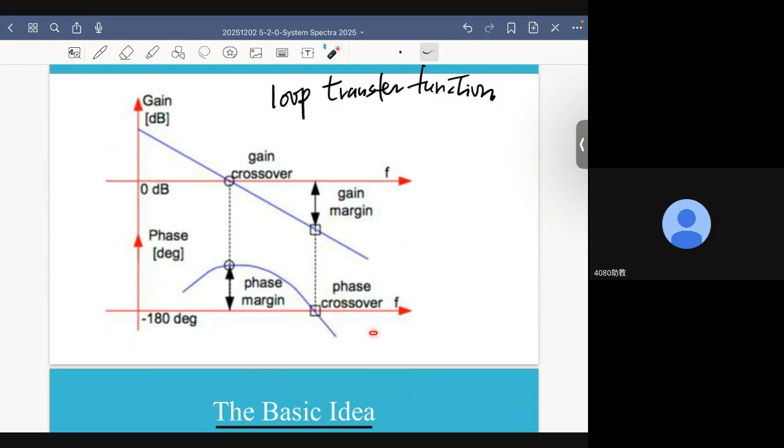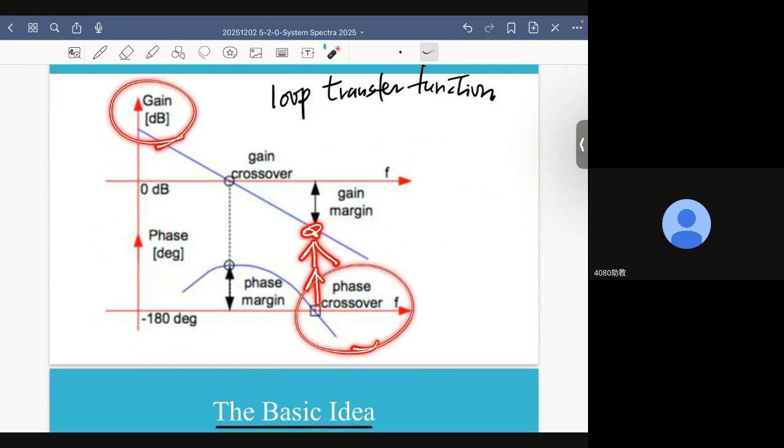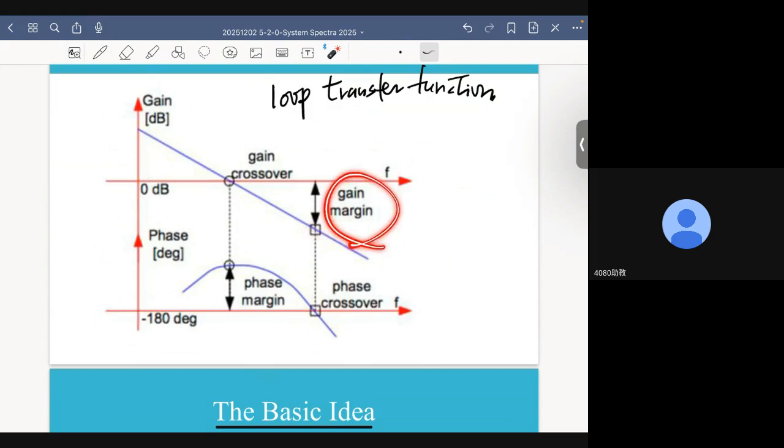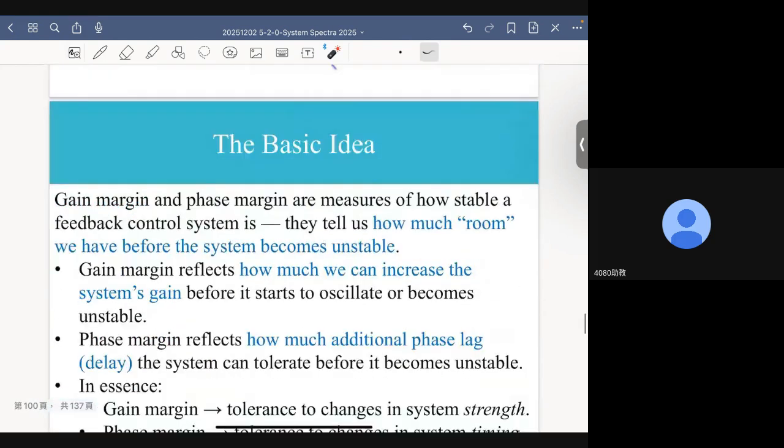After locating that so-called phase crossover frequency, we go up and check what the gain of the loop transfer function is in dB at this frequency. Then we identify the difference between this dB value and 0 dB. And this is the gain margin. In this case, we have a positive gain margin. We have a positive phase margin.